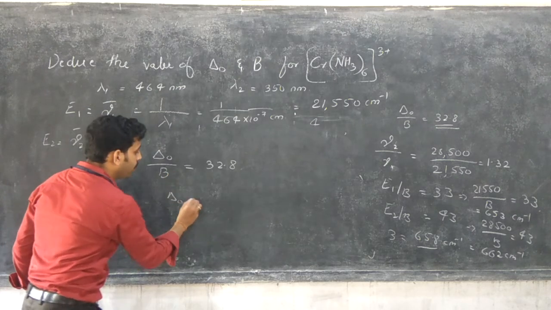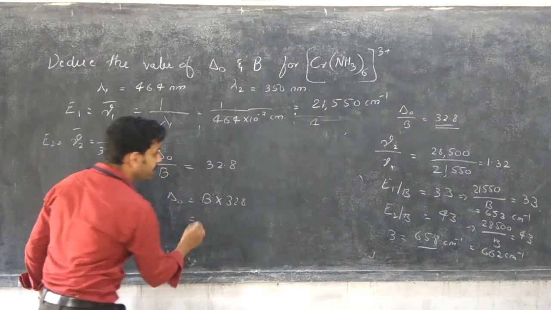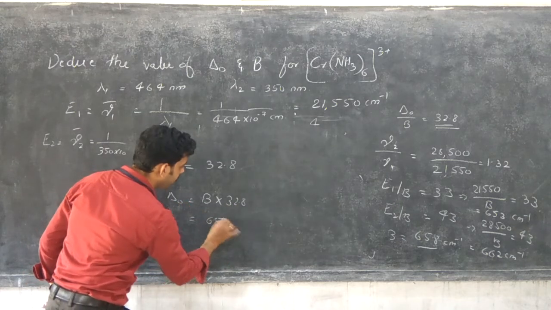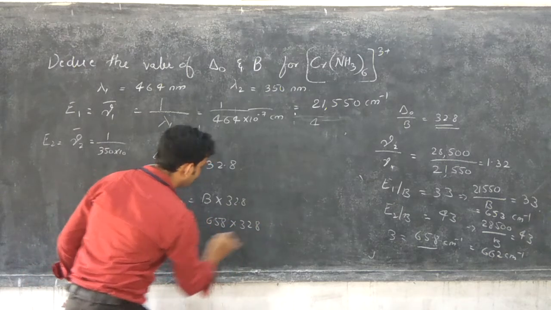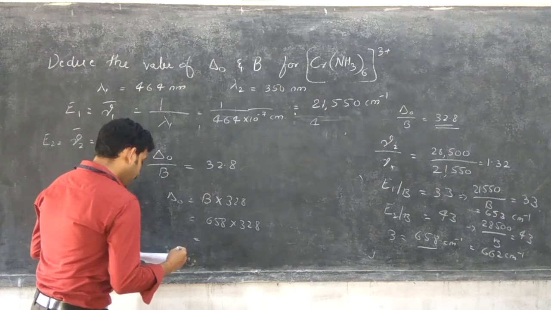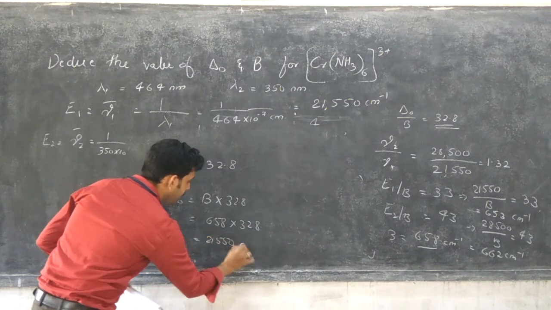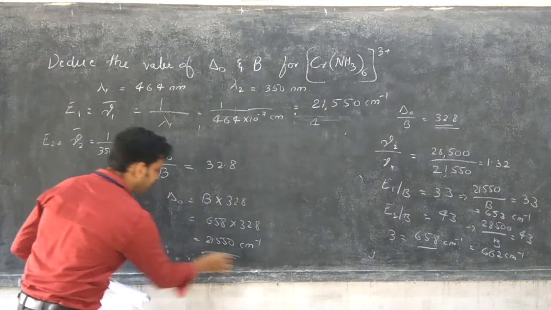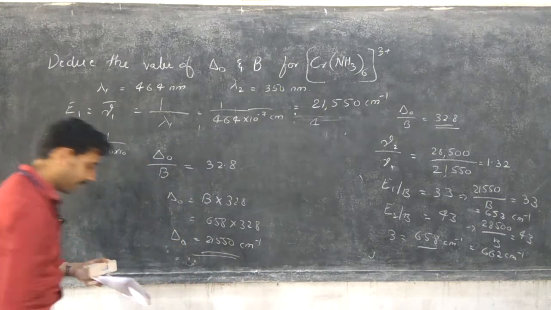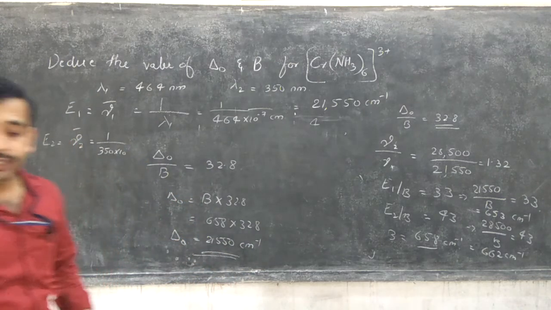That's why delta naught is equal to B into 32.8, which is 658 into 32.8, which is equal to 21,550 per centimeter. That is the delta naught value.